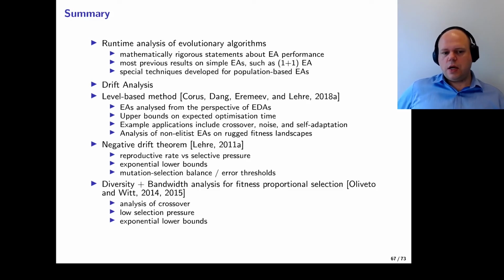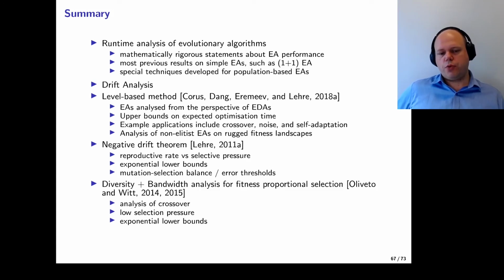This is a tool that we can use to prove when population-based methods are inefficient, when they need exponential time. Here it's important to look at the relationship between what we call the reproductive rate of the algorithm and the selective pressure.